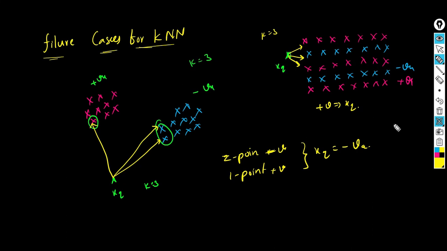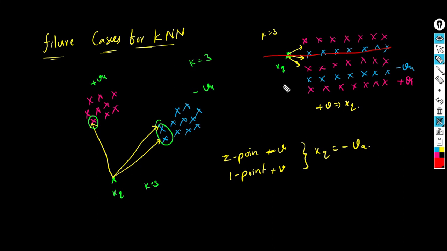But that is not actually true, because this query point lies in the same direction as the negative points. So it is actually a negative point, but we are classifying it as a positive class.